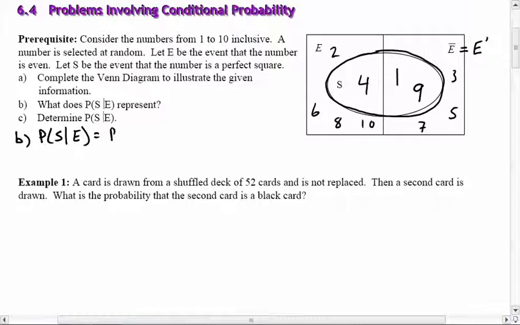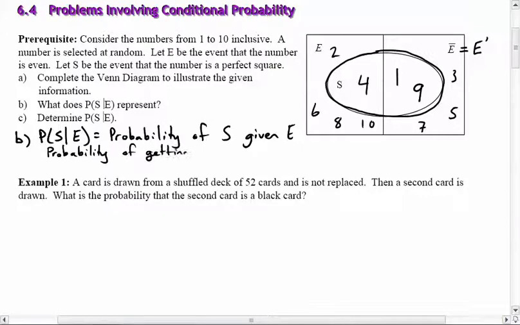This is a probability of S given E. Okay, in ordinary English, that means, what's the probability of getting a perfect square if we already know we got an even number?